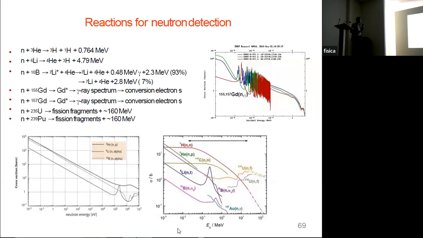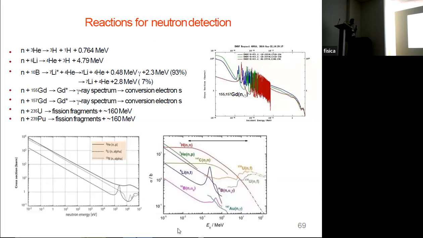You have alpha particles and tritium, and a value of about 5 MeV of energy. Then neutron plus boron. Boron also absorbs neutrons very well, and you have lithium and helium particles. This reaction can also lead to the excited state of lithium, about 7% of the time.